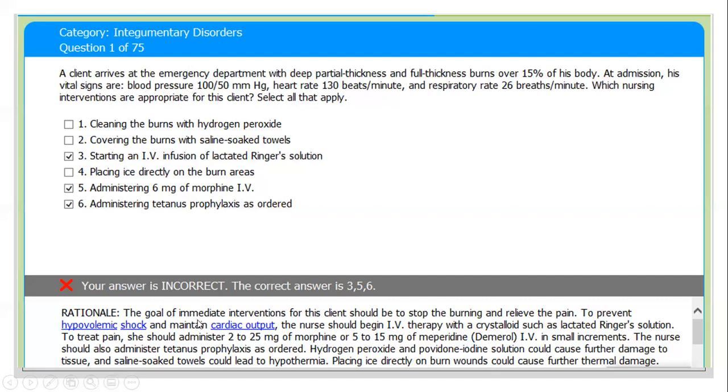The goal of the immediate intervention for this client should be to stop the burning and relieve the pain. To prevent hypovolemic shock and maintain cardiac output, the nurse should begin intravenous therapy with a crystalloid solution such as lactated Ringer's solution.